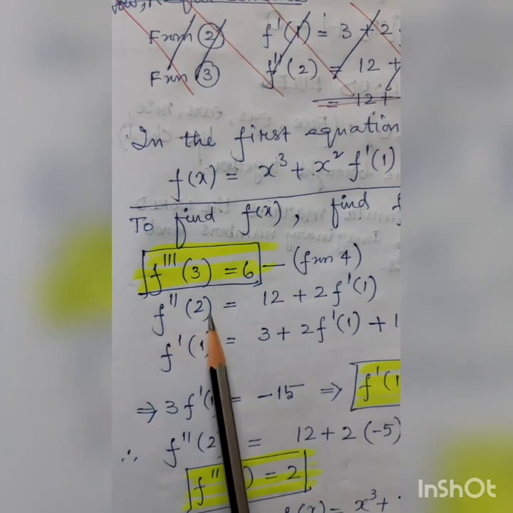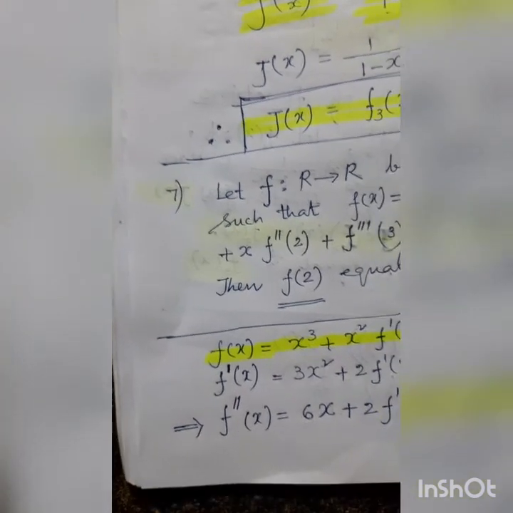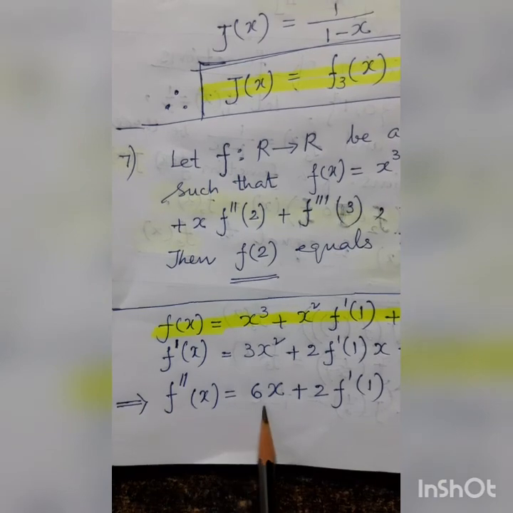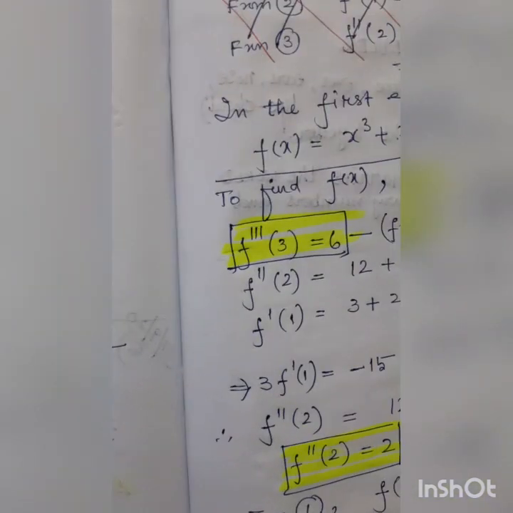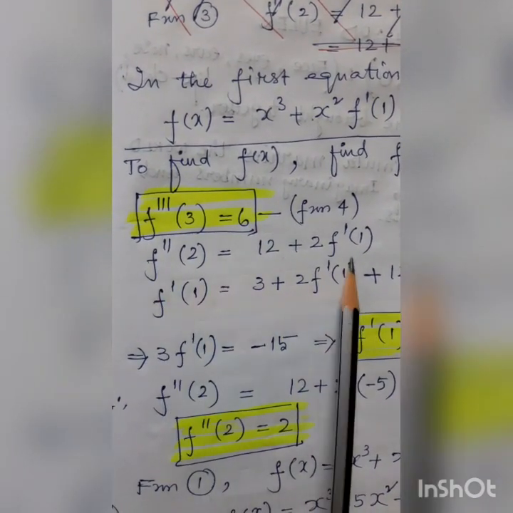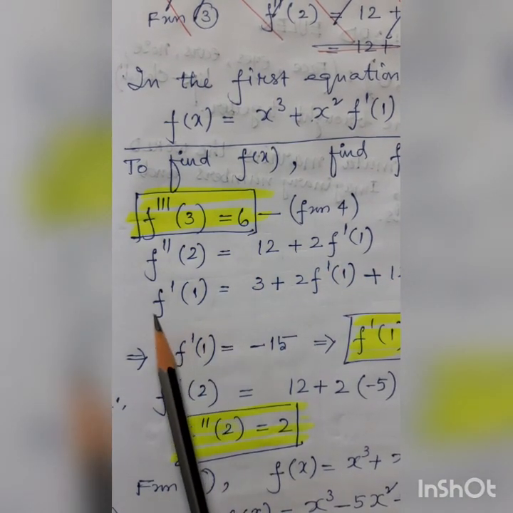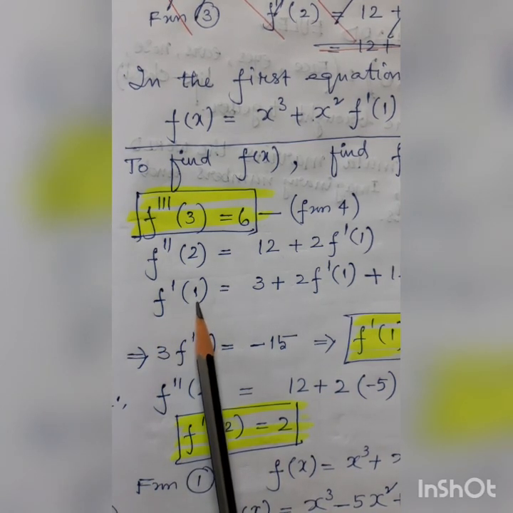Where is f double dash of 2? f double dash of 2 is 12 plus 2 f dash 1. What is f dash 1? Going back, f dash x is there, and we put x as 1 in the previous steps.